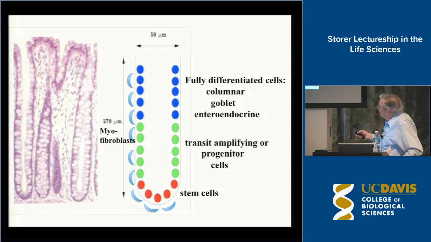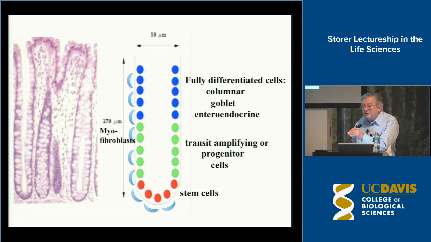And they're of different types, and the crypts are actually surrounded, you can't see this here without labeling, by a very important set of cells that are called myofibroblasts. They are cells that are of the fibroblast lineage, but they're myofibroblasts because they have properties of smooth muscle cells and play an essential role in creating the environment in which the stem cells that are at the bottom of the crypt divide and produce the differentiated cells.